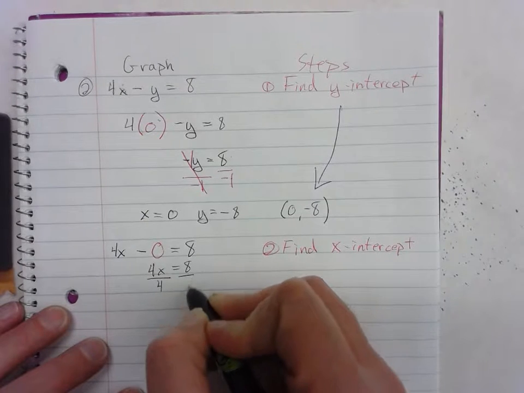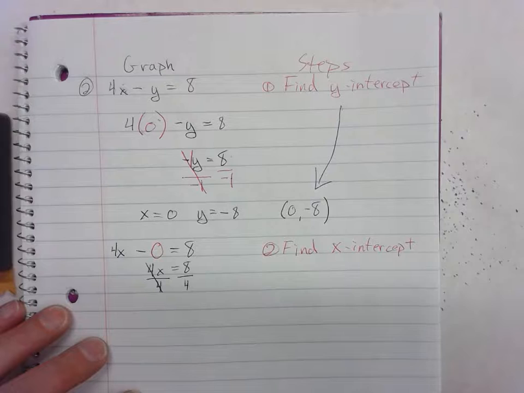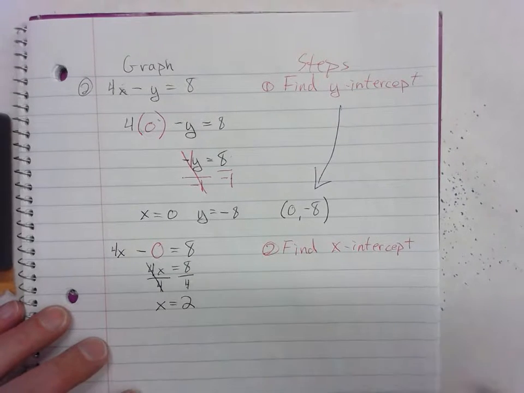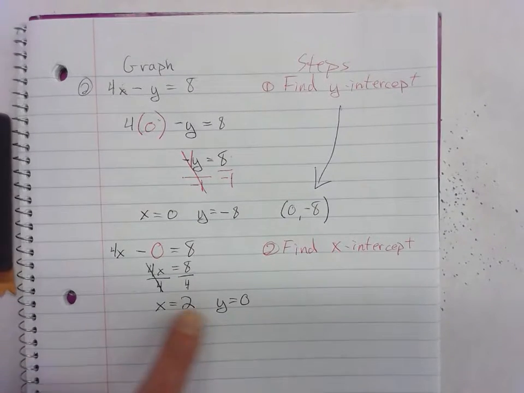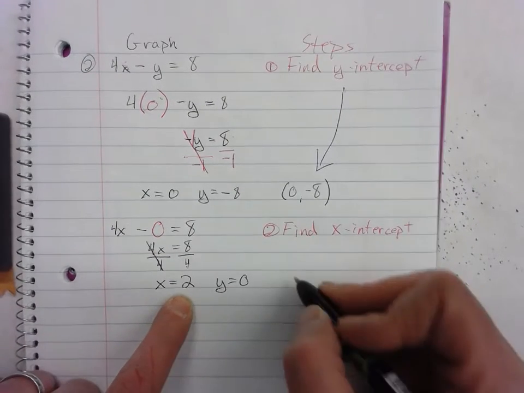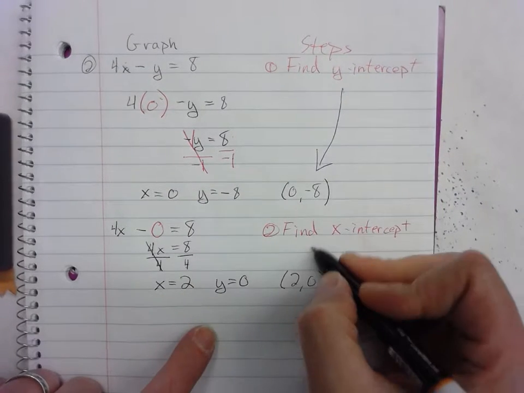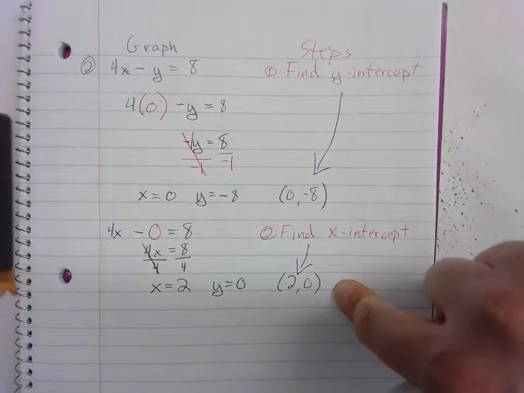Divide by 4 on both sides. And again, if you need to pause this at any point, please do. 8 divided by 4 gets you to x equals 2. So when your y value is 0, your x value is 2. And that gives us our x-intercept. Boom. Now we have our 2 points that we need to graph our line.